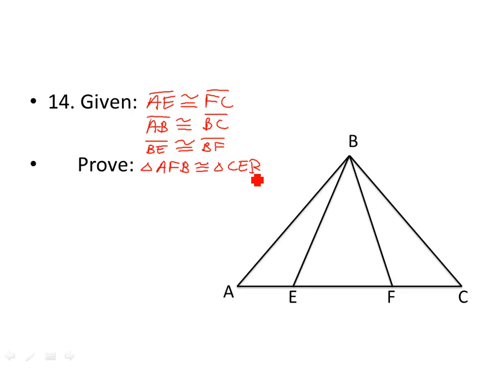How many triangles in this picture? 7? I got 6. 6. There's 6. Now look at what we're trying to prove. Because there's so many triangles in here, we need to separate them off so we can see them.